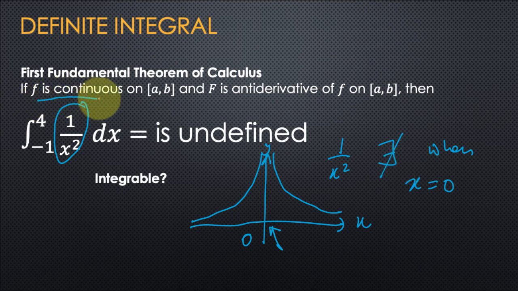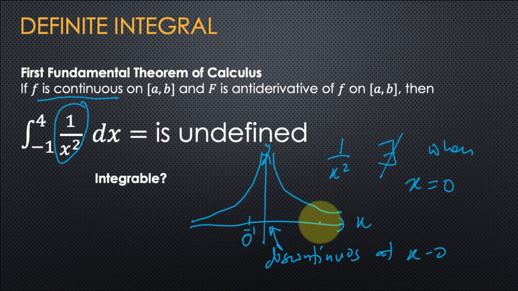Since f must be continuous, and here the function is discontinuous at x equal to 0, and we need to find the definite integral from minus 1 to 4, this area, so it is not integrable. This definite integral is undefined.